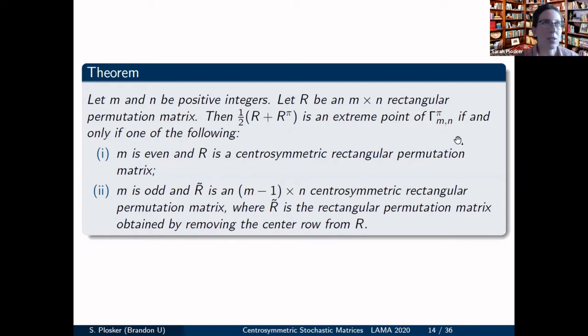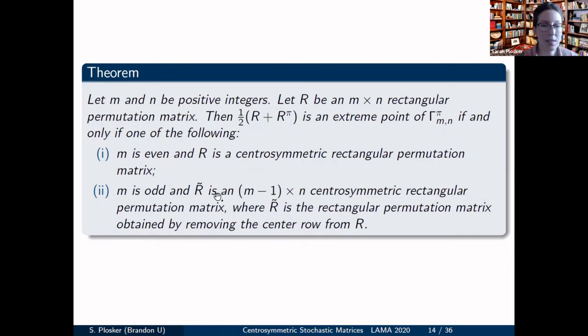of the centrosymmetric M by N stochastic matrices, if and only if either M is even, and then R is a centrosymmetric rectangular permutation matrix, and then 1/2 R plus R pi is just R. So R is an extreme point if and only if M is even and R is a centrosymmetric rectangular permutation matrix.